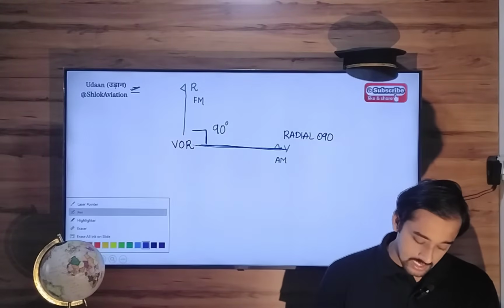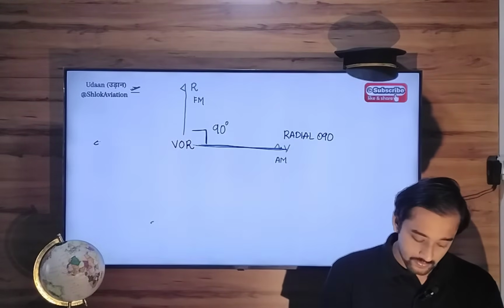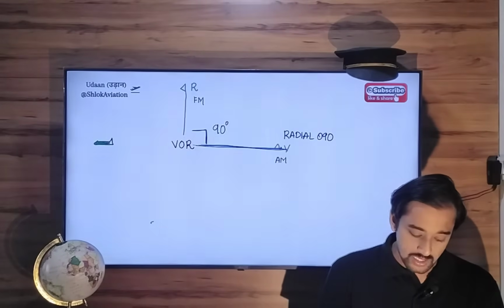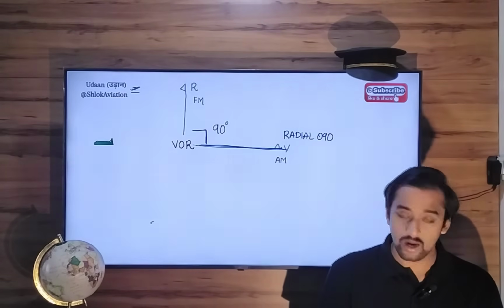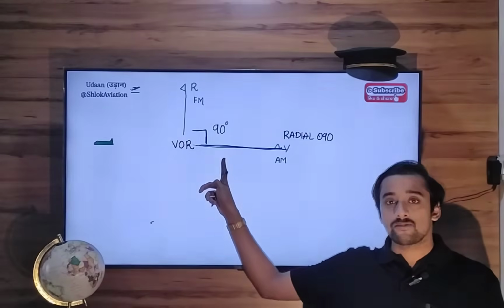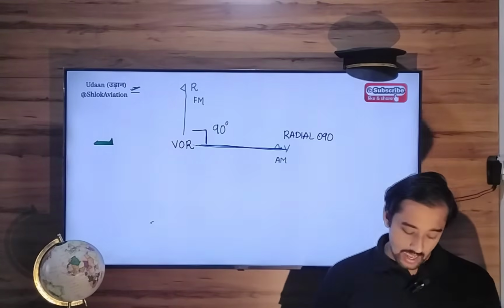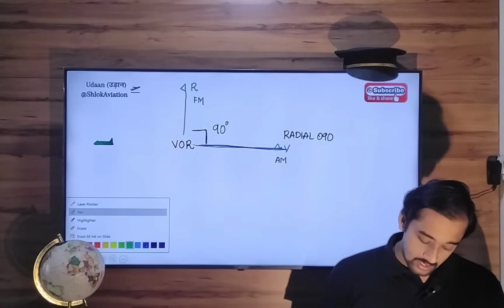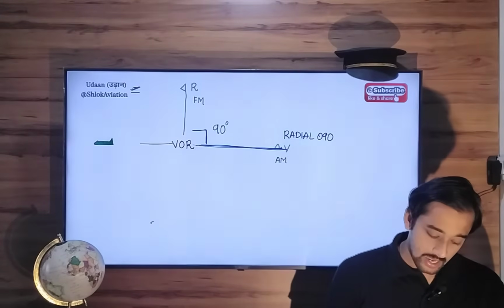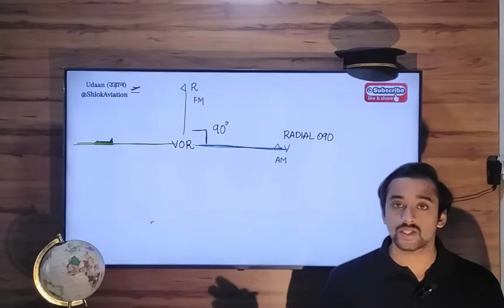So for example, let's say our aircraft is here. Now when this variable signal rotates around the VOR, at some point of time it will make a 270-degree turn and pass this aircraft.